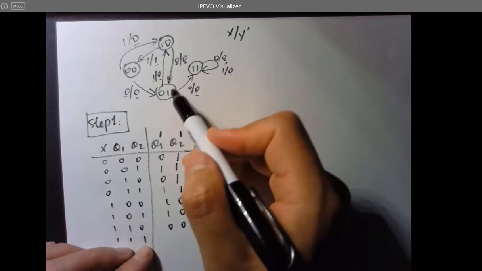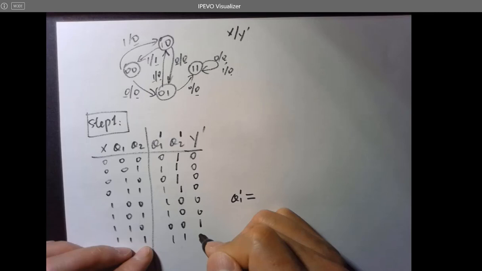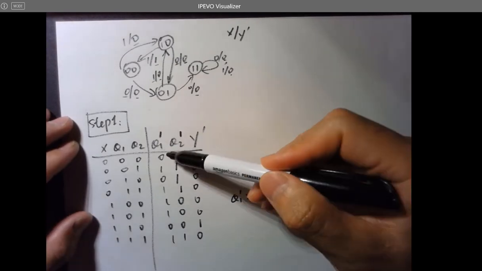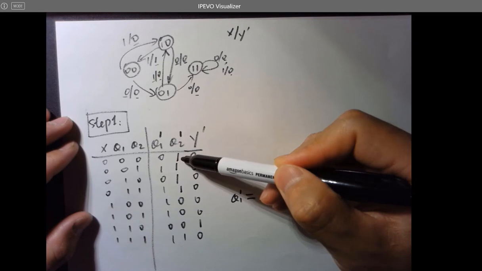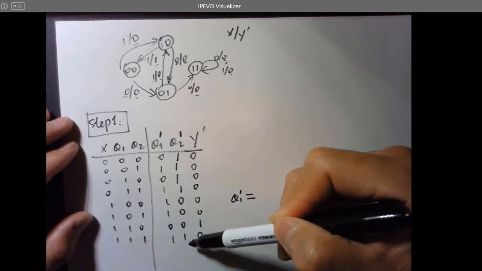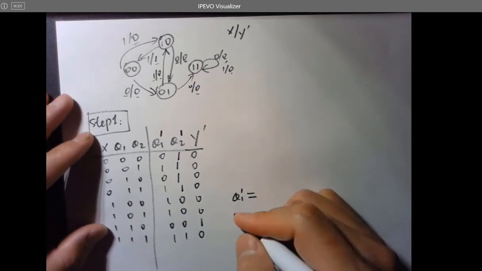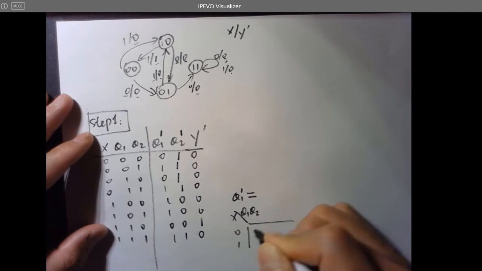When Q1, Q2 is 11, same thing, it stays here and y will be 0. So that's the final truth table we can have. Let me double check if everything is right before we move forward. All right, so this is right, and we need a K-map to simplify it.